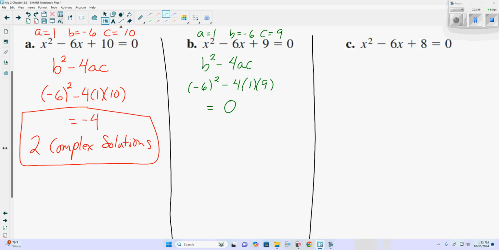So since the discriminant is equal to 0, we have what? One real solution.